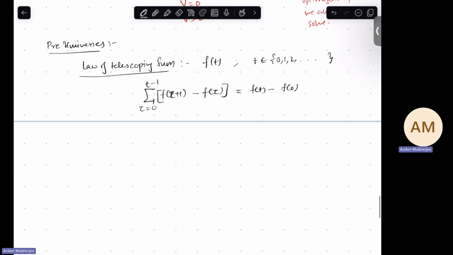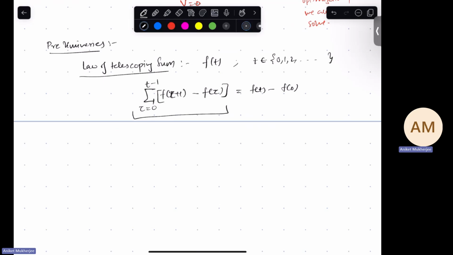So how do you get this? You basically expand this. Let us expand this inside. So first is f1 minus f0, plus the second term is f2 minus f1.